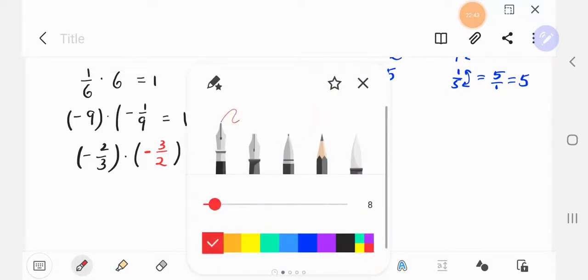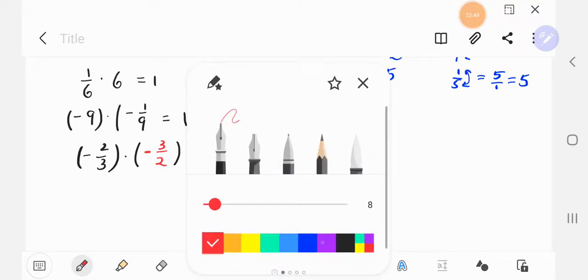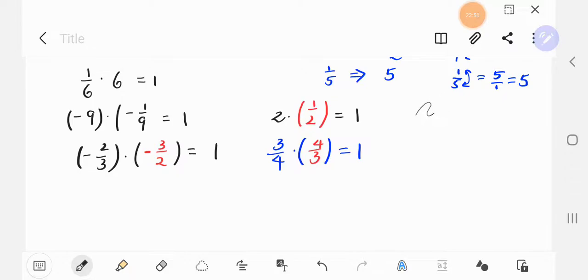Multiply by 4 over 3. Okay, keep trying. One last thing. How about you have 1 over 5? Then what do you need to multiply to make it 1? It should be the number 5.